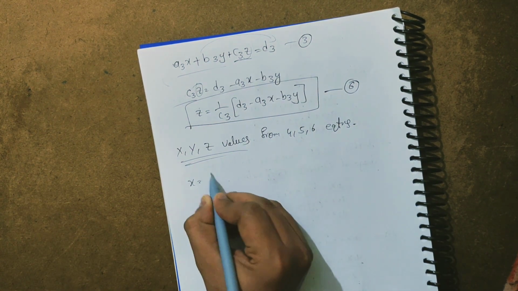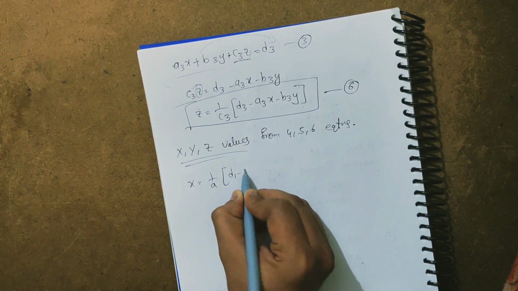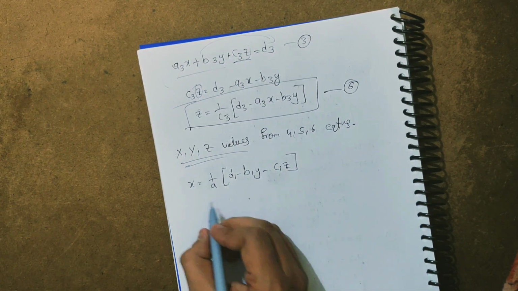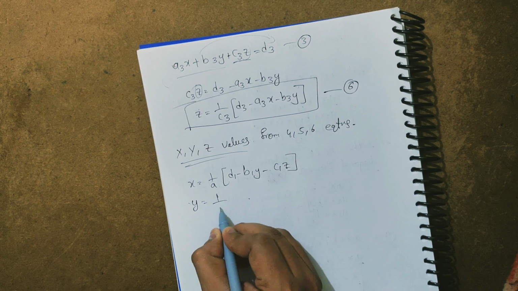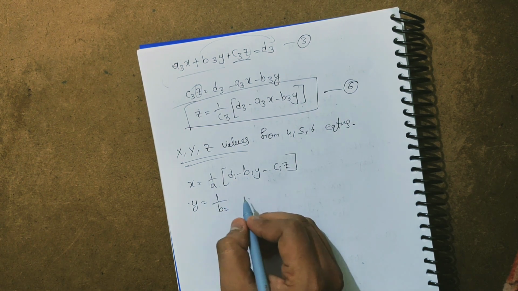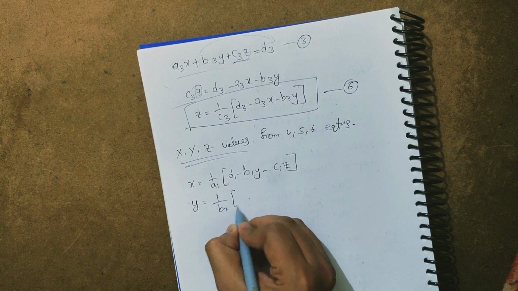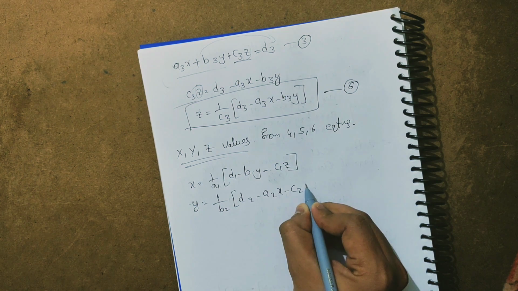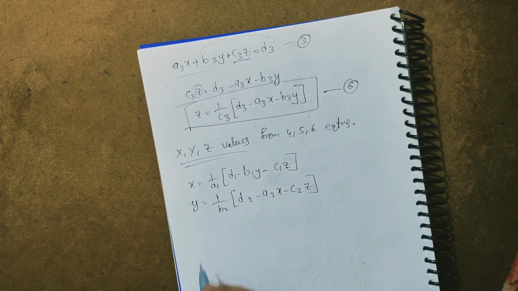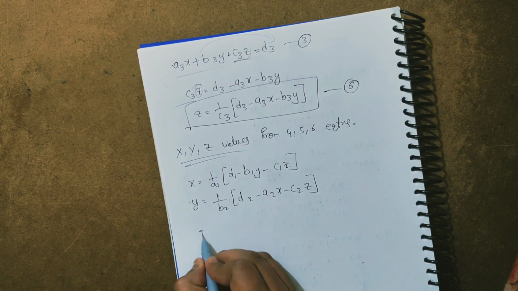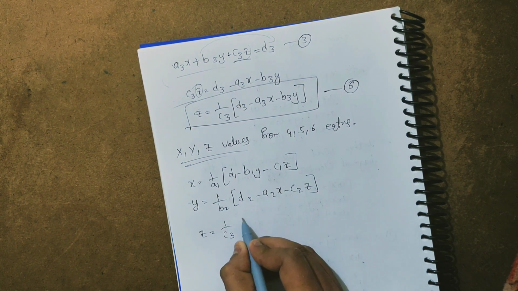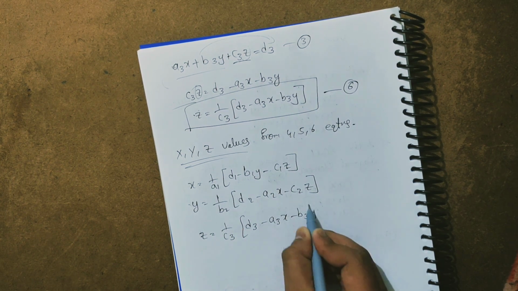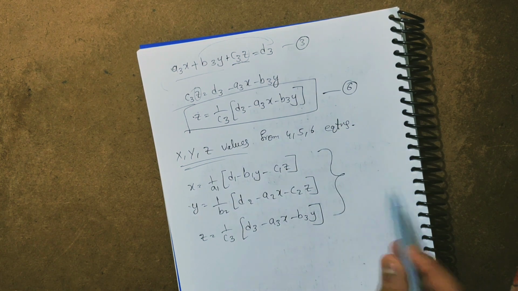So x value will be 1 by a1 d1 minus b1y minus c1z, which we have found previously, and y also we have found, like 1 by b2 d2 minus a2x minus c2z, right? Next z value is here only, z equal to 1 by c3 d3 minus a3x minus b3y. Okay, so these are the x, y, z values.